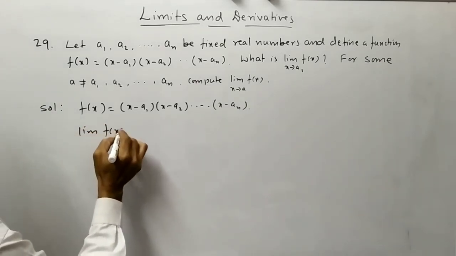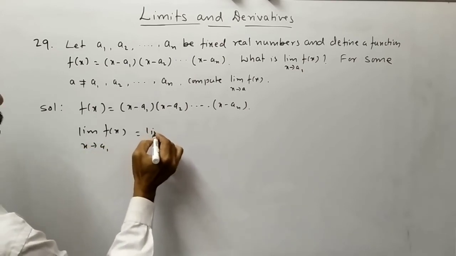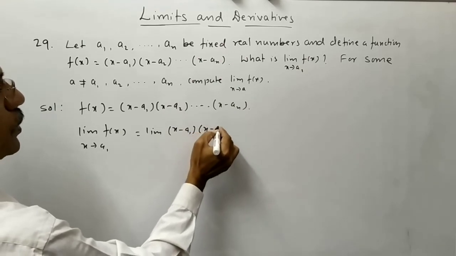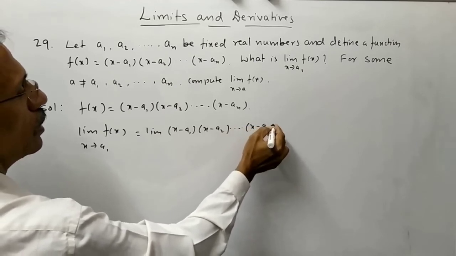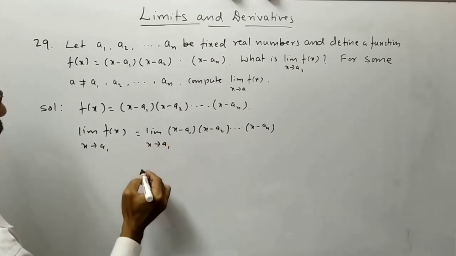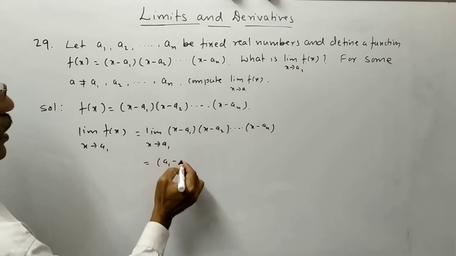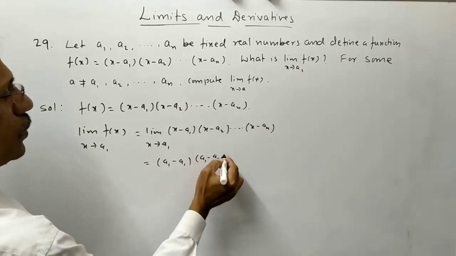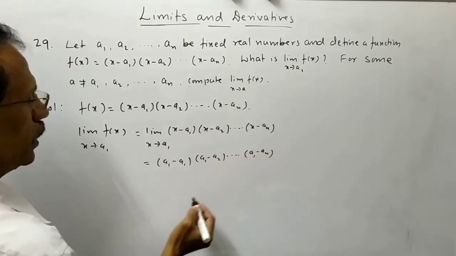Limit of f of x when x tends to a1 is equal to the limit of x minus a1 into x minus a2 into ... into x minus an when x tends to a1, which is a1 minus a1 into a1 minus a2 into ... into a1 minus an.